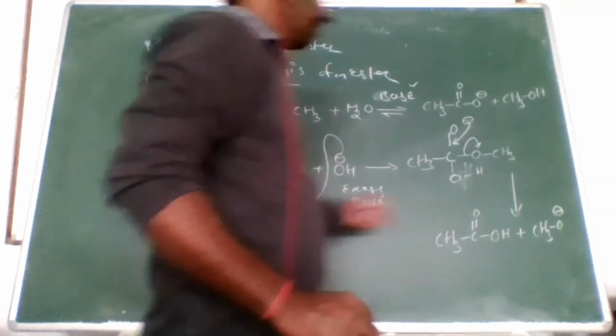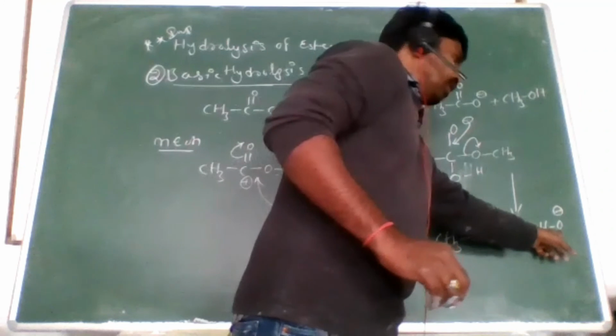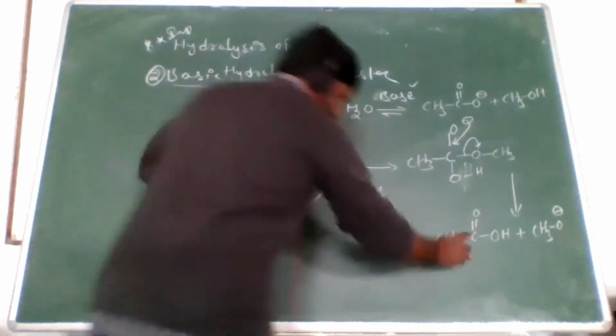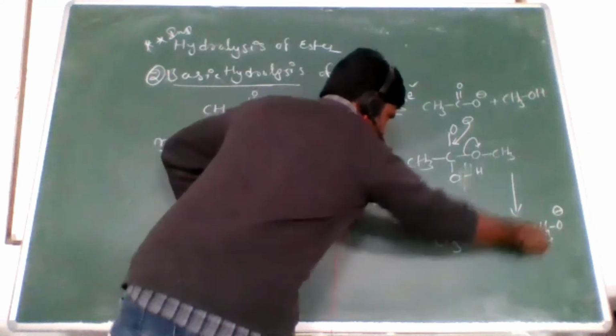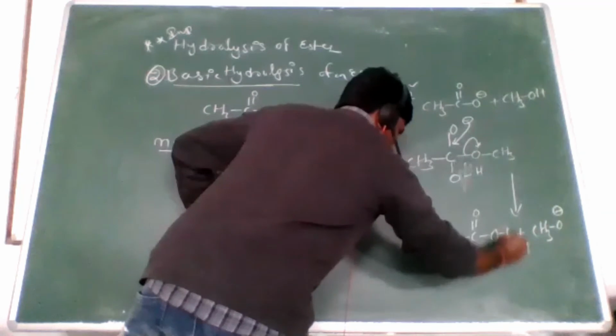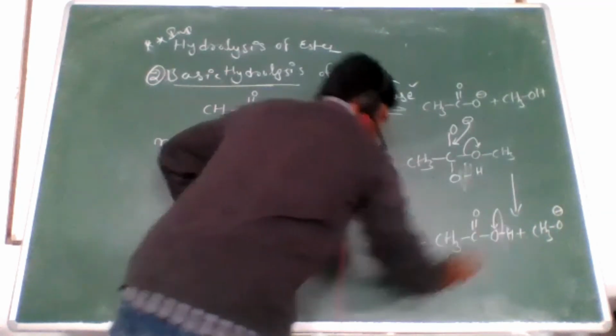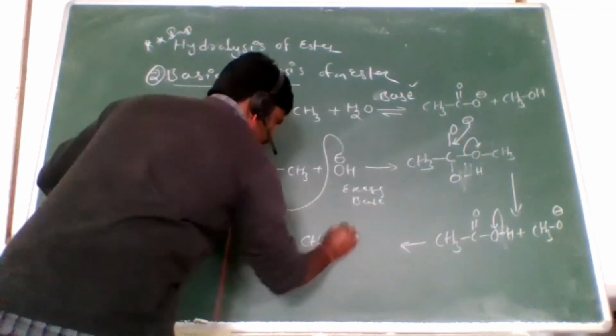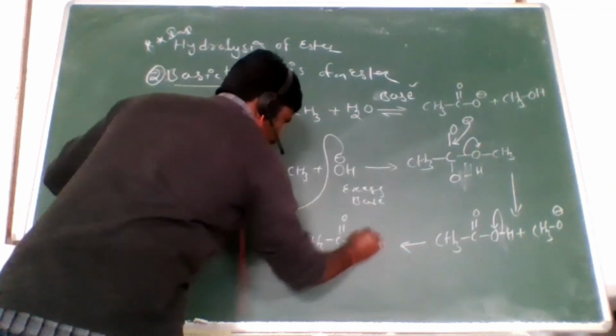The carboxylic acid gives its H plus ion away. I write the hydrogen separately. The bond electrons shift to the oxygen side, giving CH3 C double bond O minus.